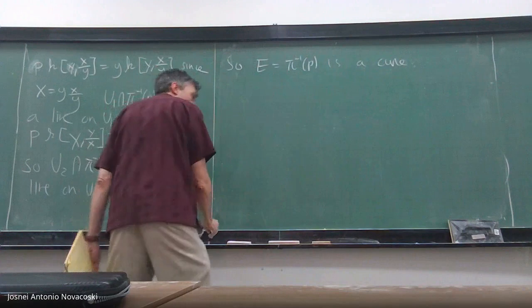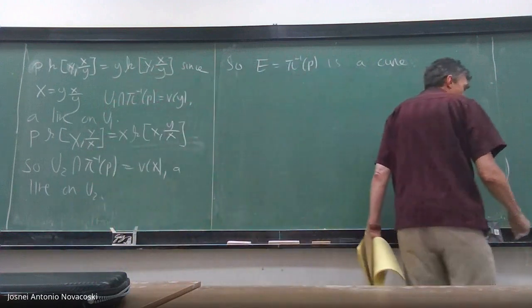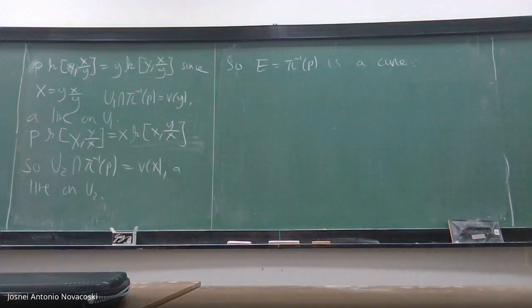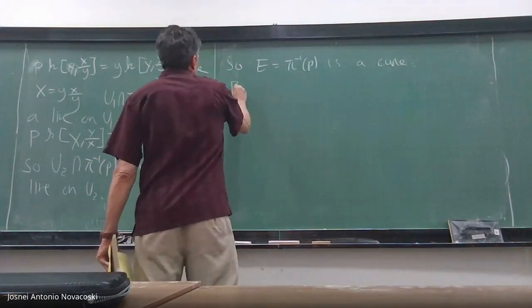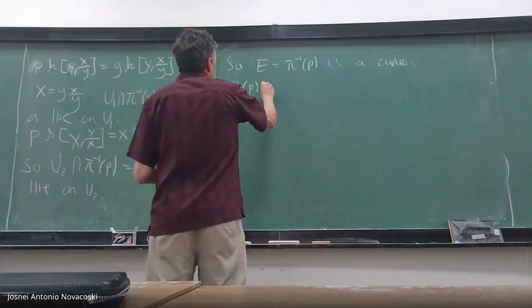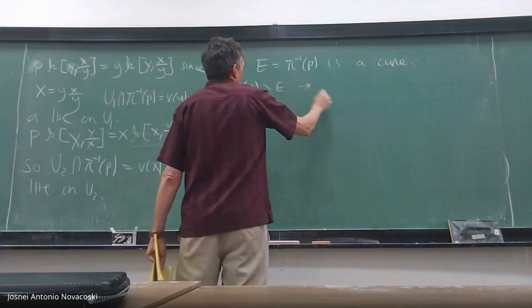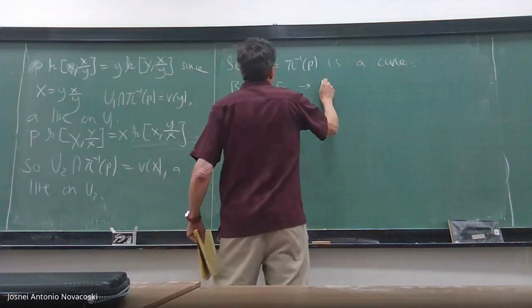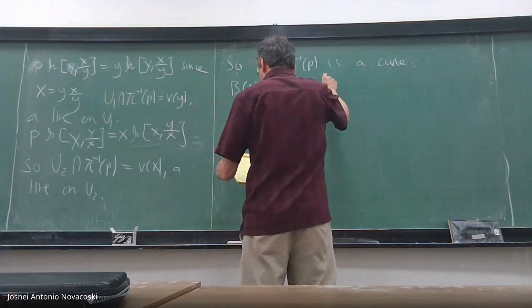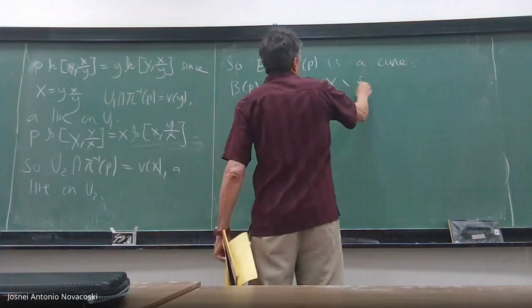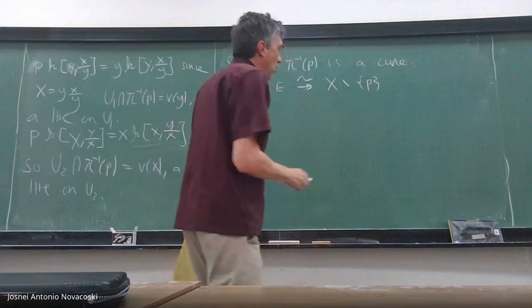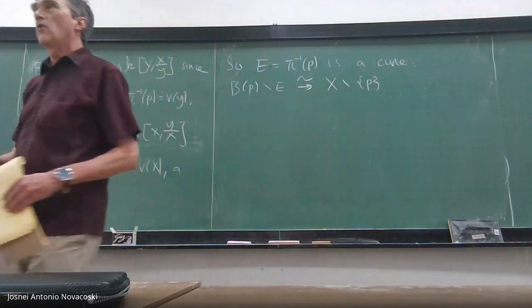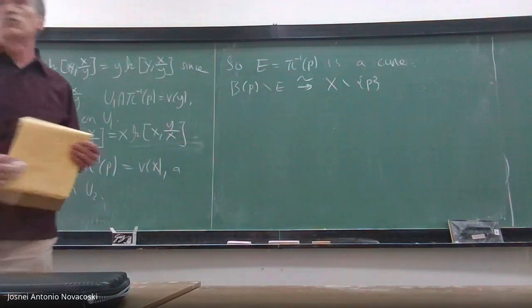But before doing that, let me make the comment that it's an isomorphism everywhere else, that the blow up of X at P minus E to X minus P is an isomorphism. So when you blow up, it's only in the support of the ideal where anything can change.